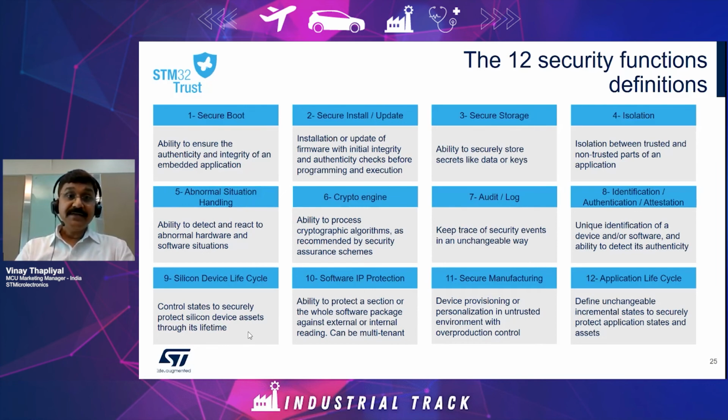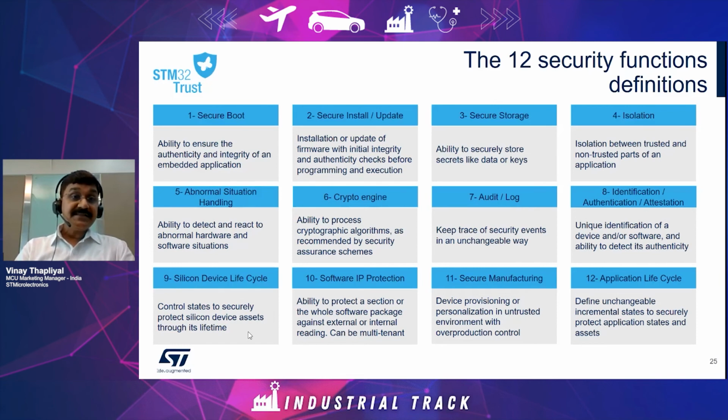7. Audit and log, keep trace of security events in an unchangeable way. 8. Identification, authentication, attestation, a unique identification of a device and of software, and ability to detect its authenticity. That every device shows a unique identity, authenticate a single device, attest device access rights. 9.